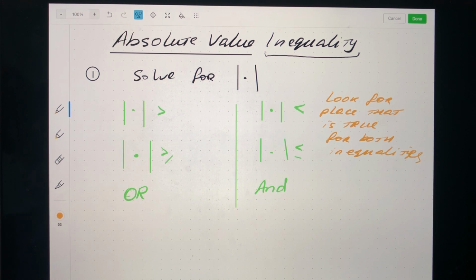So we're looking for the place where the first and the second is true. For the OR, the final answer is the place where the shading is crossed.